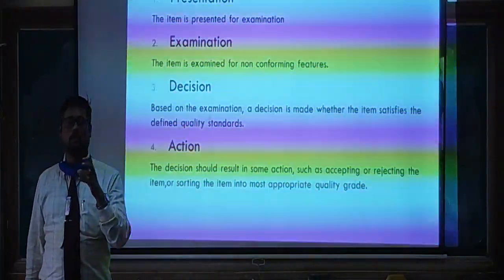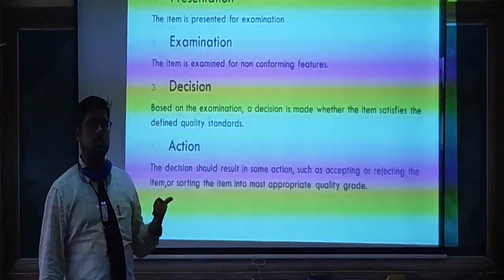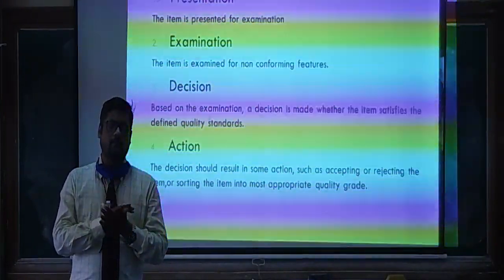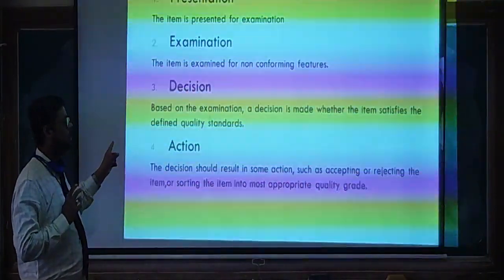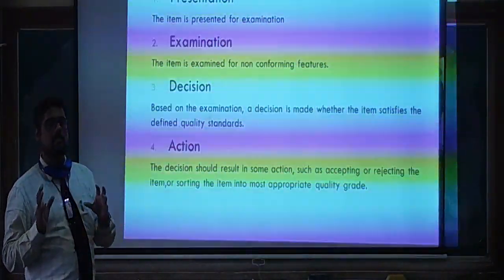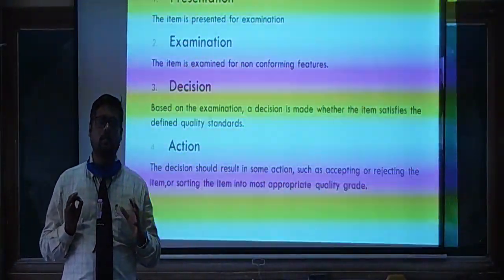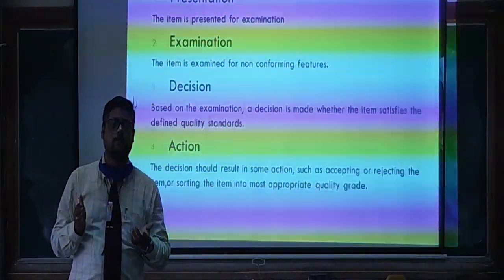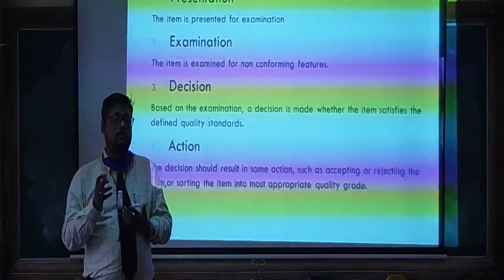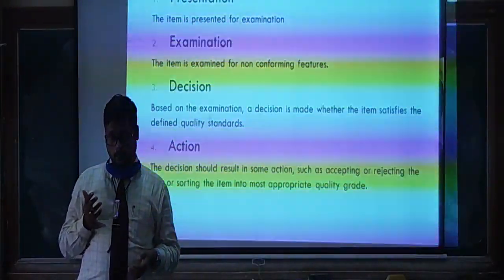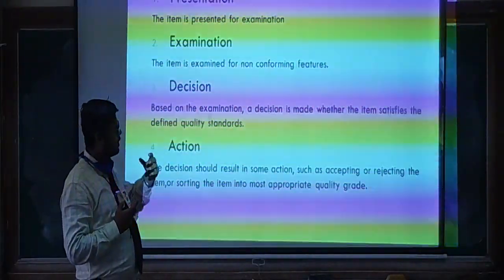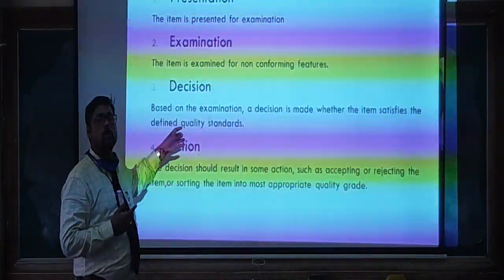As I have explained with one feature, surface roughness, whether the surface roughness is okay or not. For example, I want 6.3 micrometer as the surface roughness value, or 12.5 micrometer, or 25 micrometer as the as-cast surface value. Whether it is conforming, whether it is satisfying that defined quality standard or not.